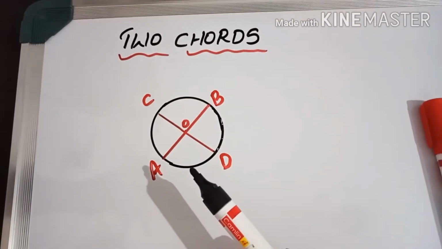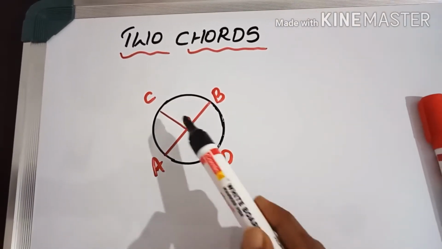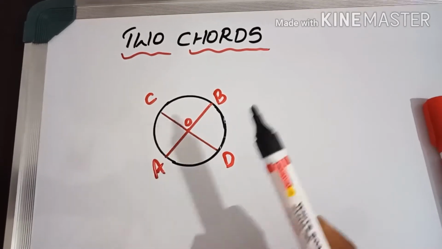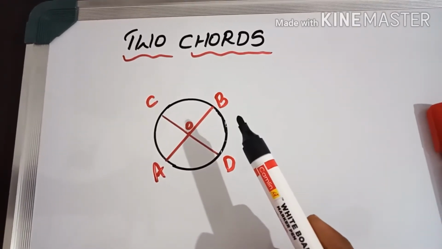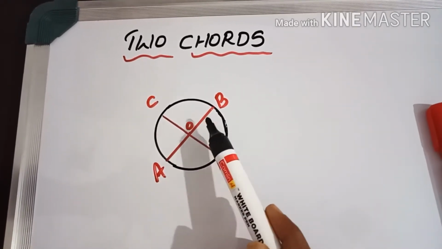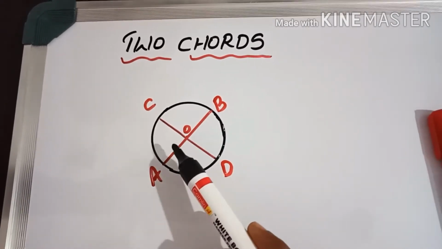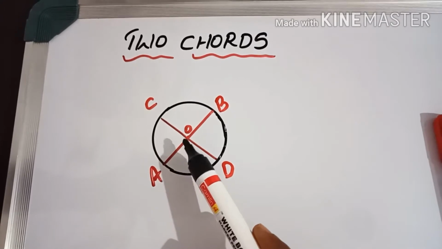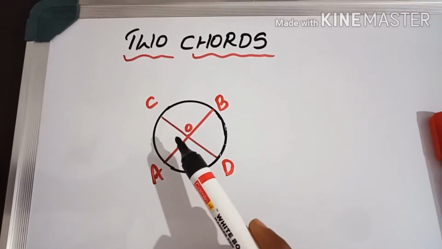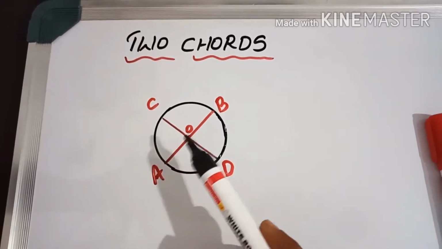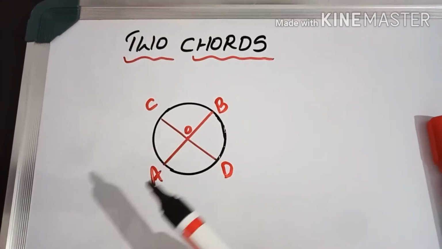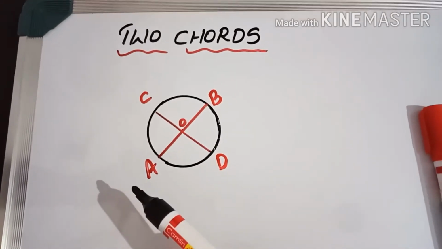Now we need to check what will happen if these two chords are not diameters. Two chords other than diameters, when they cross each other, what will happen? That we need to check.